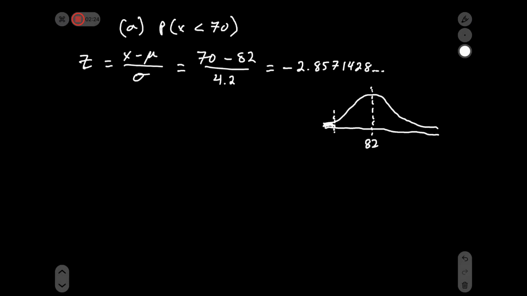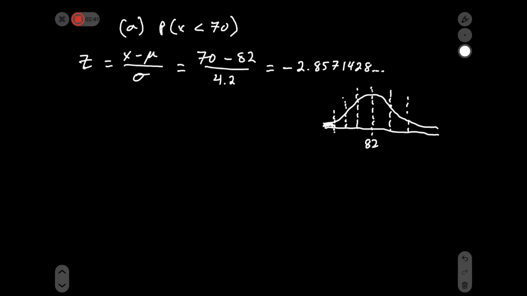Notice we don't really have a very large standard deviation, so most of the scores are going to fall in this range, right? Within 2 standard deviations of the mean.